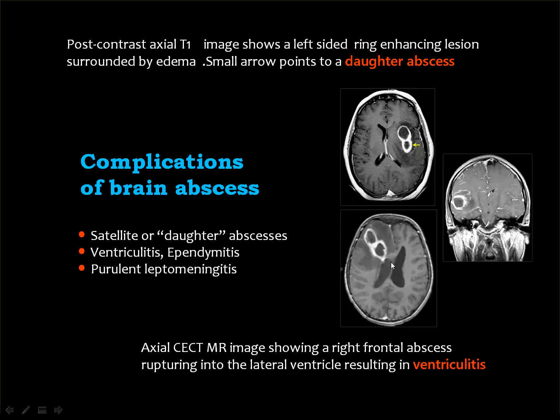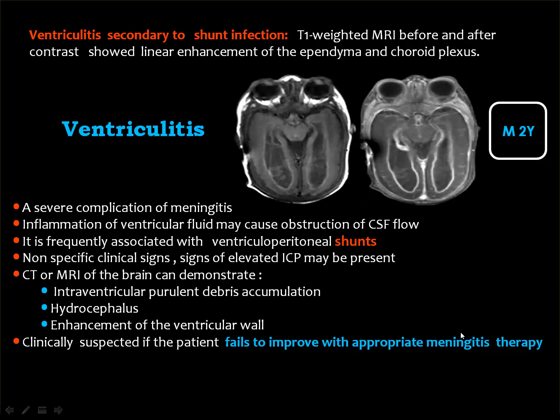You may be able to appreciate that the ventricular wall is enhancing, and the fluid inside the ventricle is not similar to the CSF, because it is pus. This fluid is turbid due to inflammation. Number three, if the abscess has reached the meninges, it will result in meningitis.